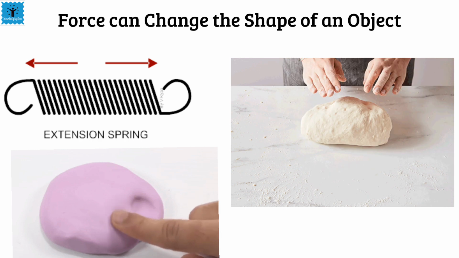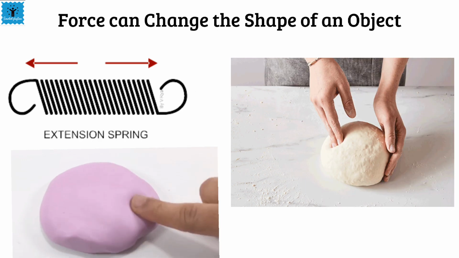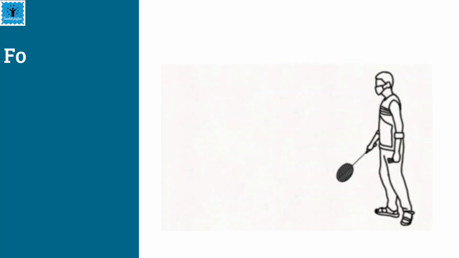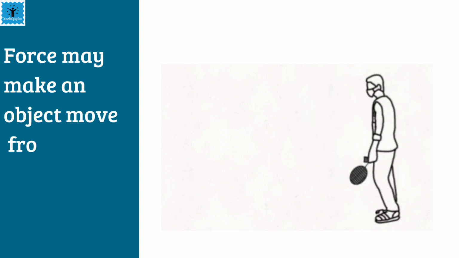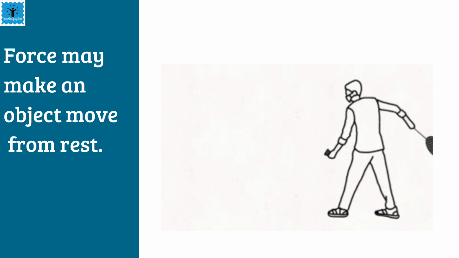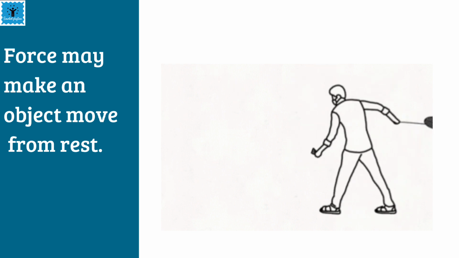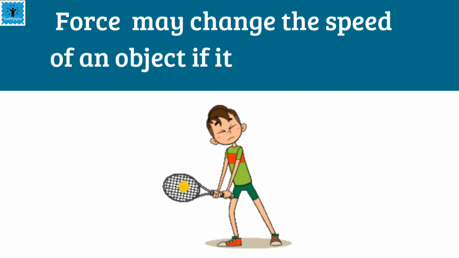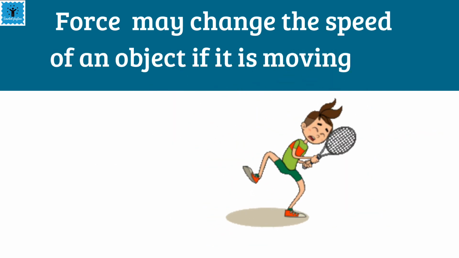So far we have discussed a lot of examples. Let's recall them one by one. A force may make an object move from rest. When a tennis player hits the ball with his racket while serving. Force may change the speed of an object if it is moving.